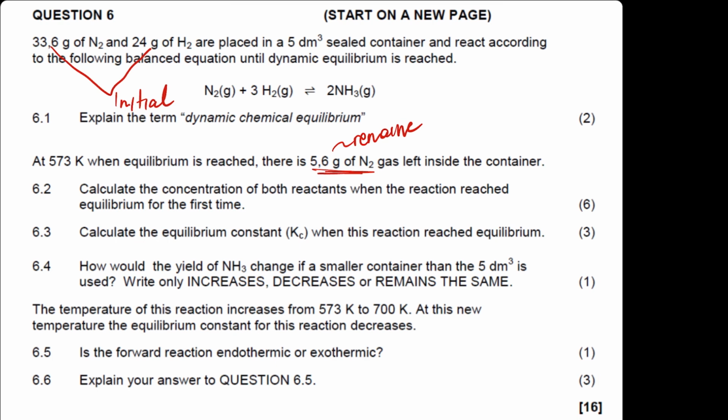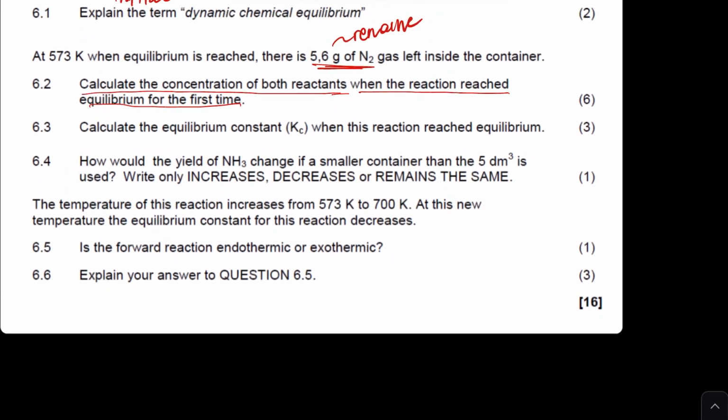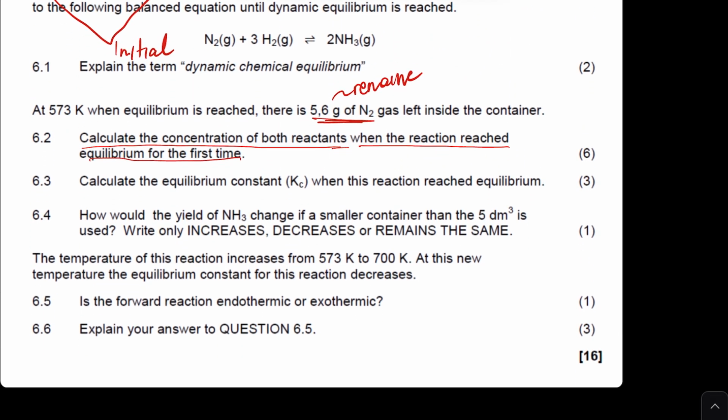Now 6.2 says calculate the concentration of both reactants when the reaction reaches equilibrium for the first time. Before we calculate that, we have to convert those masses into number of moles.